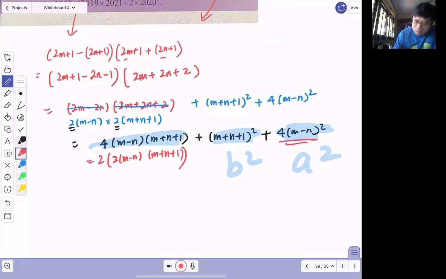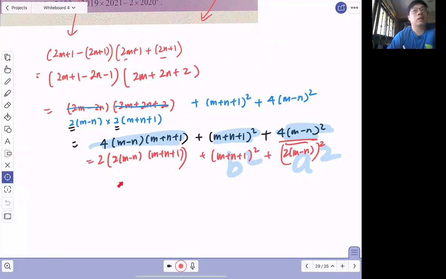Then this, right, is like 2 bracket m minus n square. This is like m plus n plus 1 square. Can you feel the connection? Okay, yeah, so that's what it looks like. Quite tough. So the factorization is here. I'll just pause here for a while because I see you writing down.